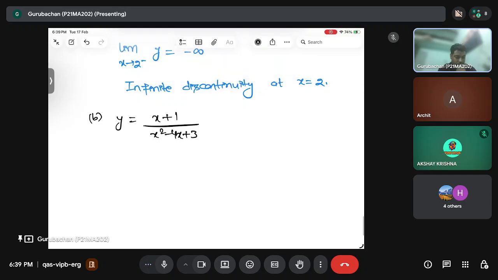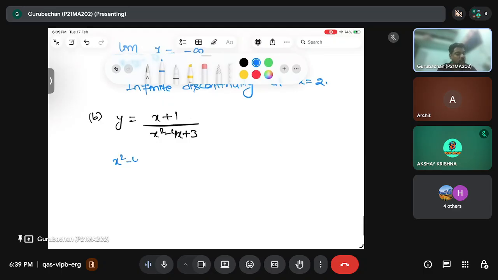Now what about this function? And the other way around is you can solve and check. Where the function is undefined here, whenever this function is 0, our given function will be undefined. So this will be 1 and 3.